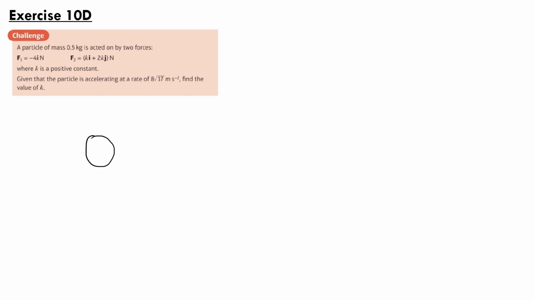we have one force, F1, acting in this direction, that's minus 4i. And the second force we can split up into two separate forces. So we have ki going in this direction and 2kj going in this direction.